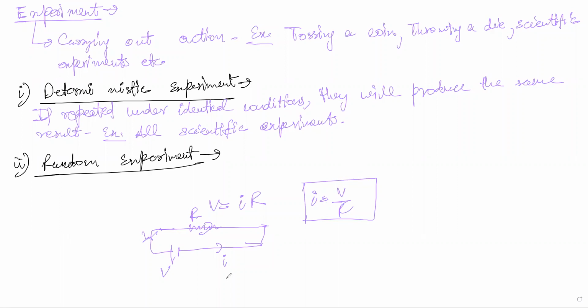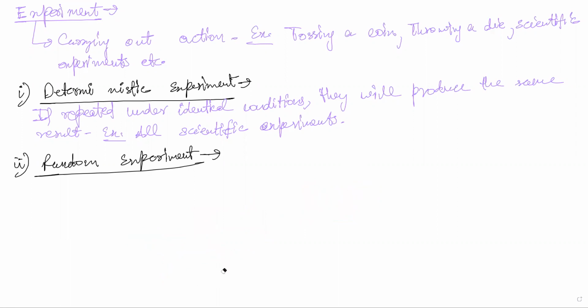But random experiment, well, let's understand random experiment. Tossing a coin. Now, tossing a coin, आपको नहीं पता already कि head आएगा या tail आएगा. So the outcome is not fixed. The outcome is not known in advance.